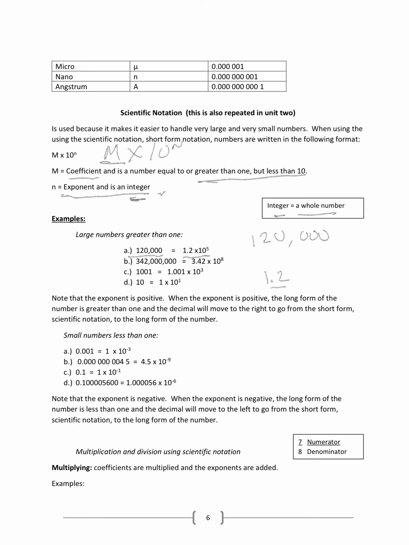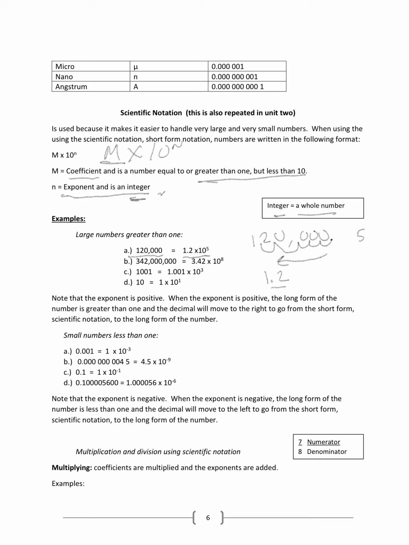In order to get the decimal place after the 1, I have to move the decimal place, which starts here, 1, 2, 3, 4, 5 places. So I just moved it 5 places, and I moved it to the left.